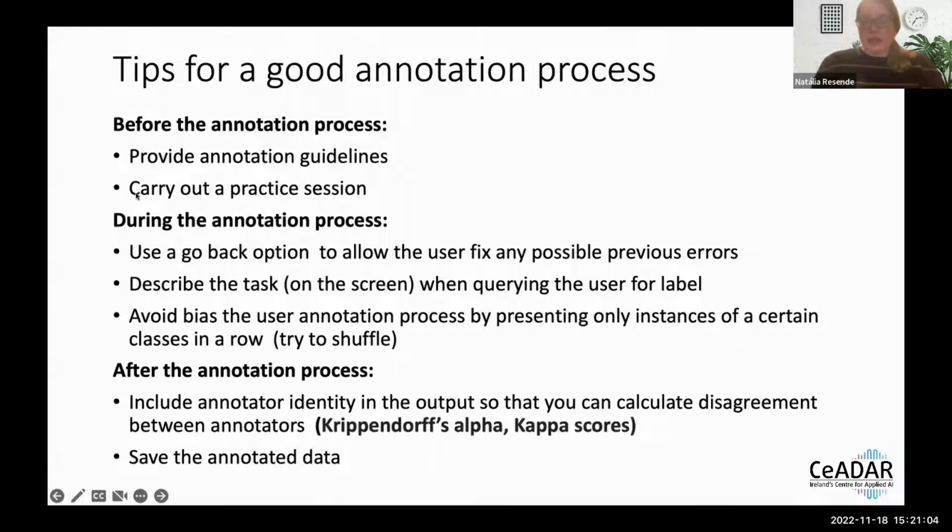It's also nice if you could carry out a practice session, showing how everything works before really starting the annotation process. As I showed you, it's also important to have a go back option to allow the user to fix any possible previous errors, and a description of the task on the screen.